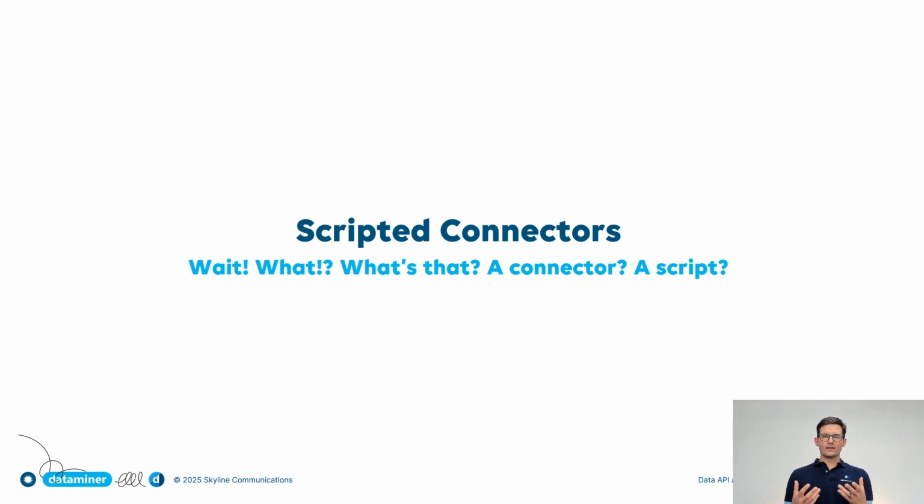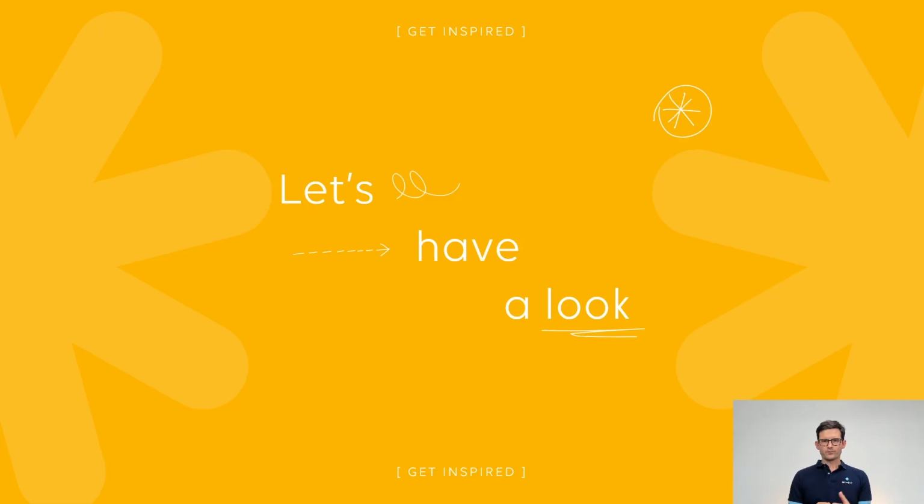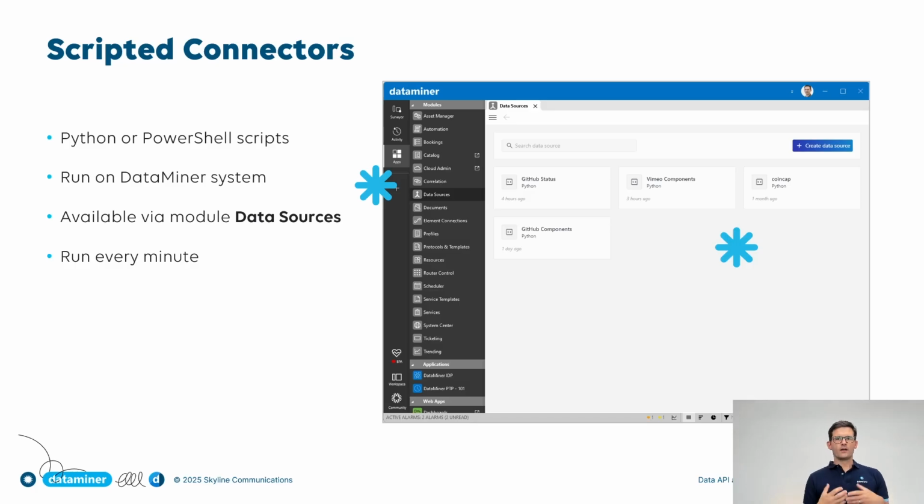Now, what will send the data to Data API? Something that sends HTTP. Today, we have scripted connectors. Scripted connectors run today on a DataMiner agent, and you can see them and you can manage them in the data sources module. So in Cube, if you go to the data sources module, of course, you need to have the soft launch enabled first.